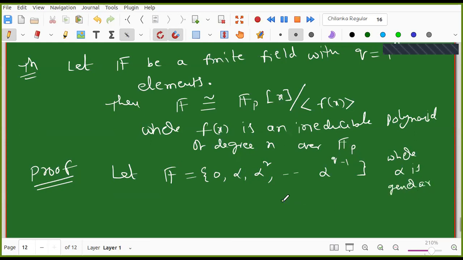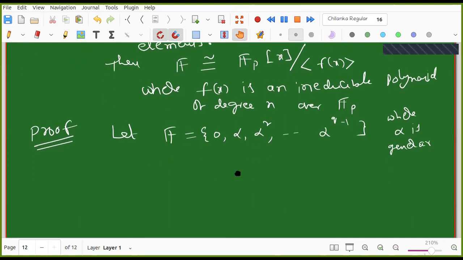But again we don't know what alpha is, so it is again theoretical. So yes, this is one way to write it.